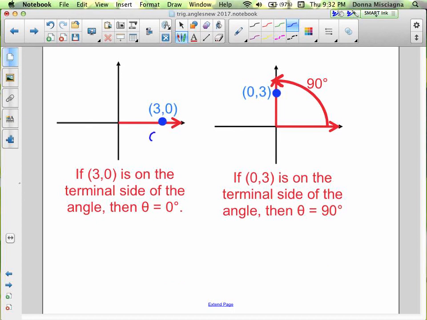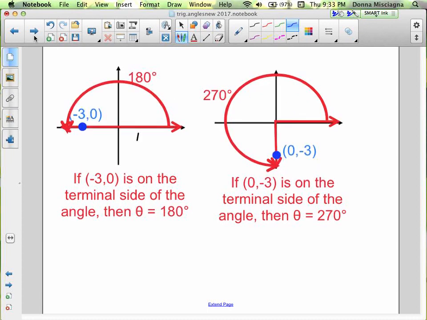So this is 0 degrees. Here, this is my theta, so that's 90 degrees. That's why we can evaluate on our x and y axes, even though you can't really make a triangle, because we still have an amount of turn. You can turn nothing, right? We can evaluate any kind of angle at all.